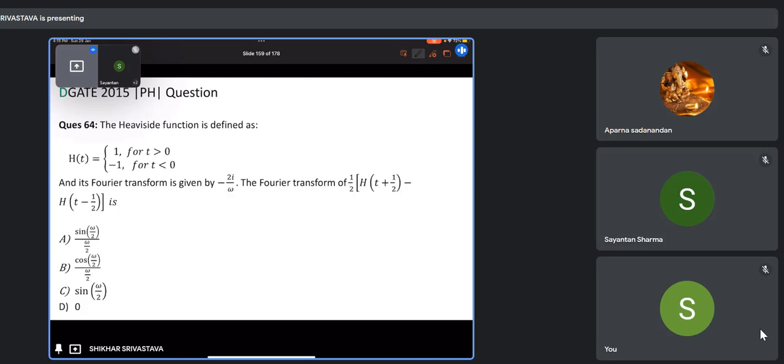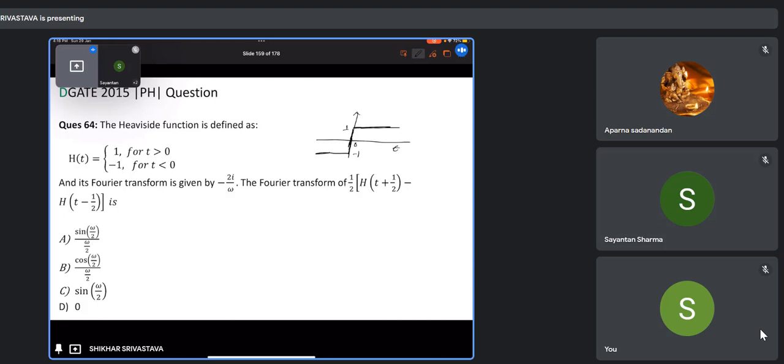The first question I want to discuss with you is question number 64, GATE 2015 paper. They have given a Heaviside function defined as: for t greater than 0 it is the constant 1, and it is minus 1 for t less than 0. So there is a discontinuity at 0.